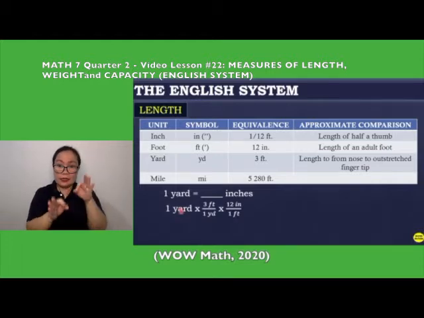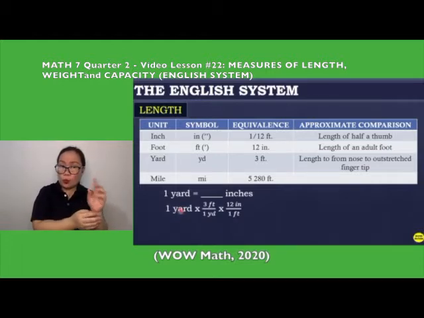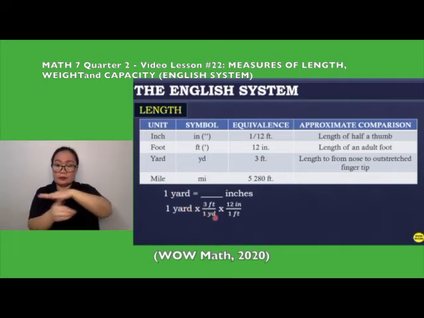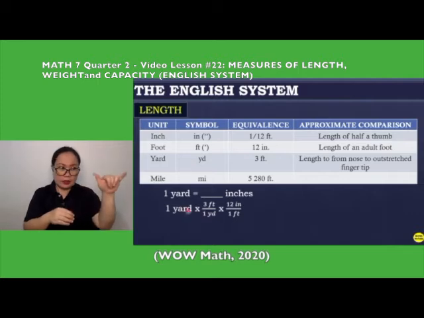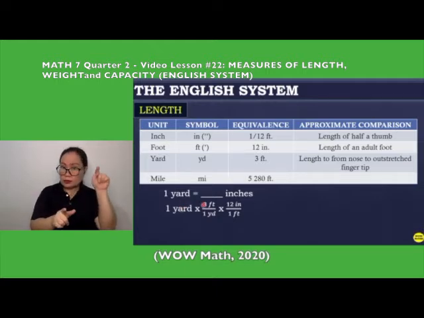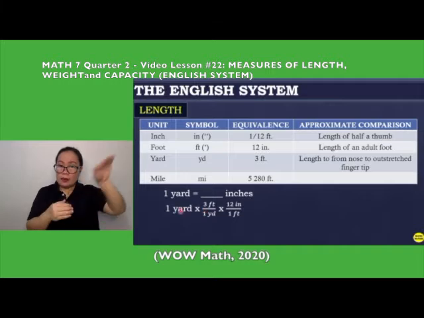Tatandaan na kapag nagko-convert tayo, kung ano yung given mo, so since your given is 1 yard, dapat yun yung nasa denominator. Okay, bakit? For us to cancel. Kasi hindi mo siya makakancel kung hindi pareho ng units yan. So, ang goal mo palagi, dapat kung ano yung nandito, dapat yung denominator mo kapareho nun ng unit.